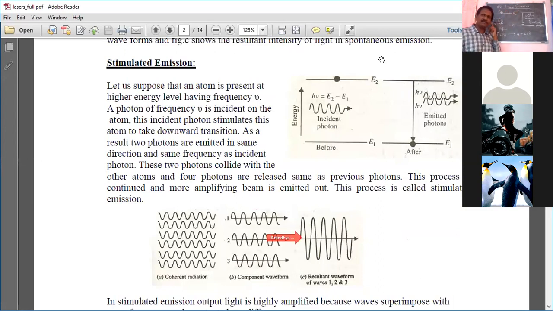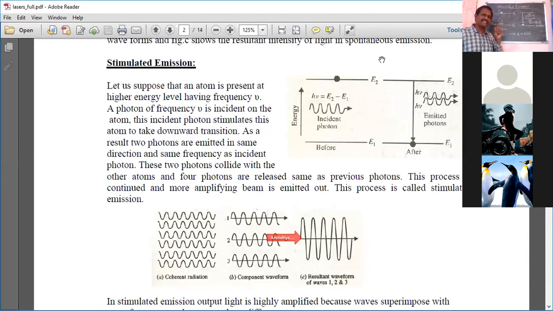So stimulated emission is a process in which the resultant amplitude of the light which is coming out, photons ante light ekadamma, is amplified. What is the square of an amplitude? Intensity.